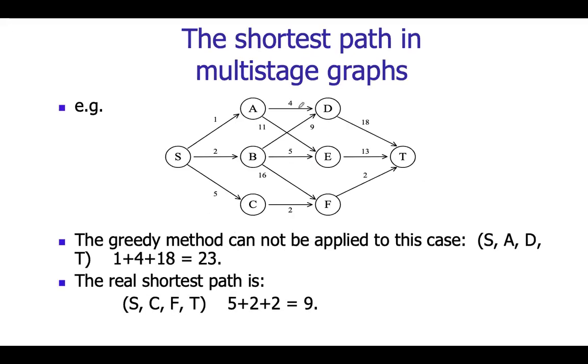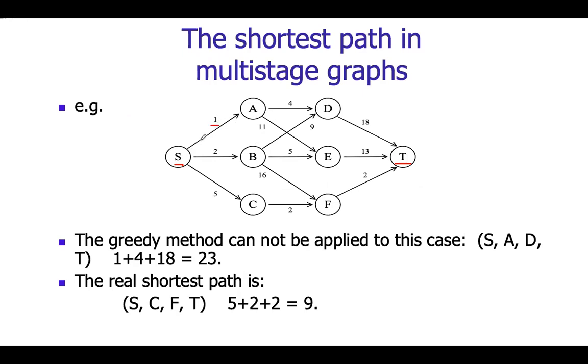When the graph gets complicated like this, a little bit more complicated multi-stage graph, you need to find the shortest distance between S and T. Shortest distance means its cost should be less. If you apply the greedy method, what will happen? From S, it will find the shortest path.